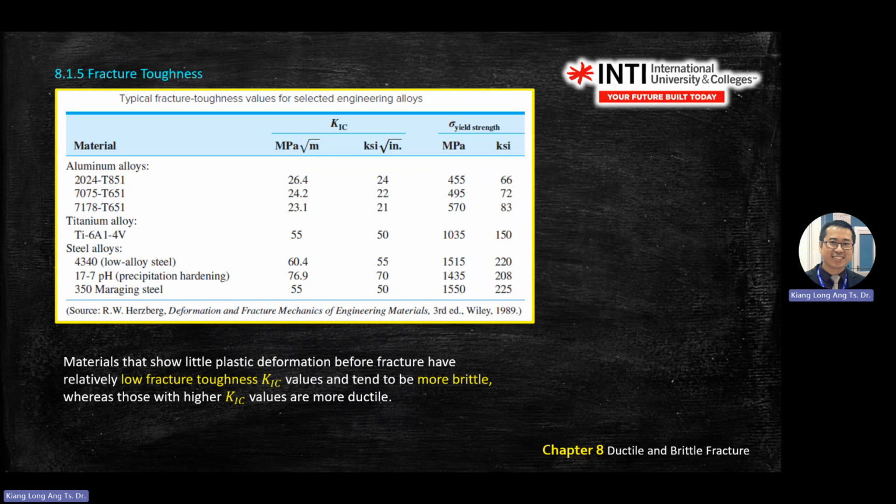But you should know how to convert stress. If they give you the force divided by the area of the specimen, force divided by area, you get stress. So you compare, then you calculate the KIC.